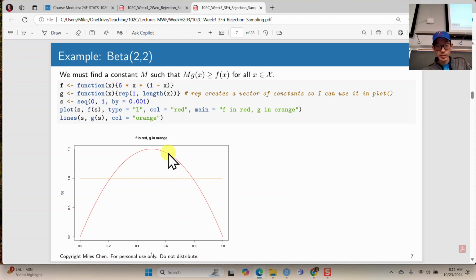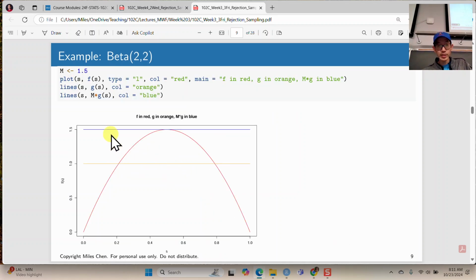So we're going to multiply it by 1.5, and this is the result. Now we just have this kind of rectangle, and we're going to generate values from the rectangle and accept only some of these values.